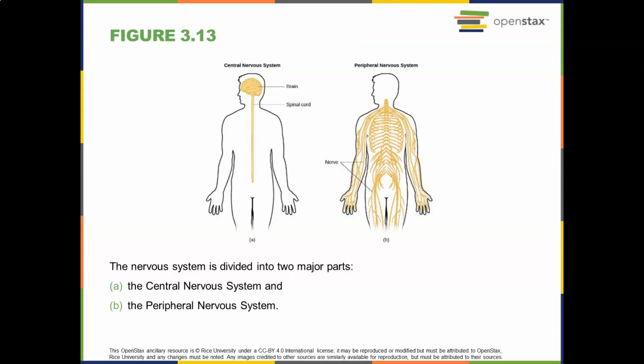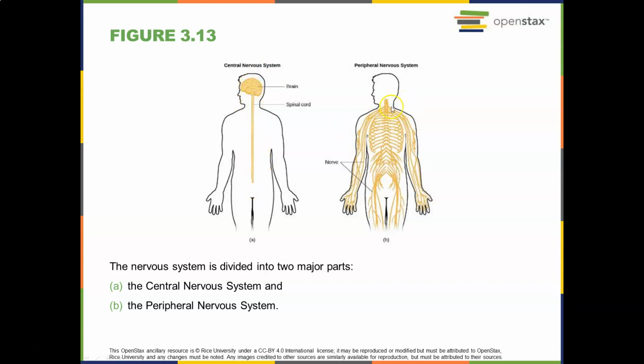Now we're going to begin talking about the parts of the nervous system. One thing that a lot of people don't understand when I say nervous system is that there are a couple different types of nervous systems. Those are shown right here. The central nervous system is the brain and the spinal cord.